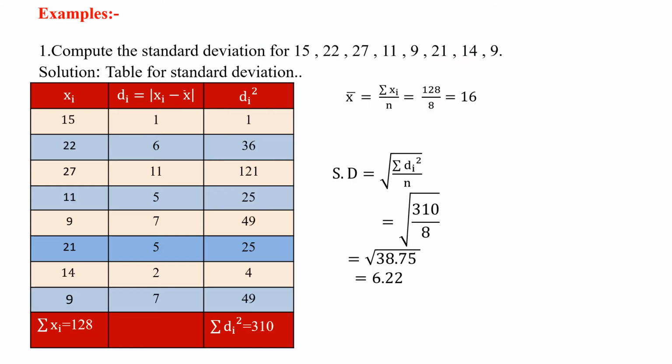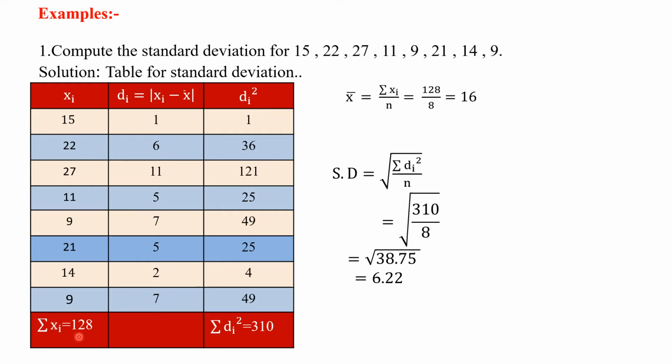The first example: compute the standard deviation for the data 15, 22, 27, 11, 9, 21, 14, 9. So these are the n observations given. We'll put them in the first column of xi's: 15, 22, 27, 11, 9, 21, 14 and 9. And let us add them up.